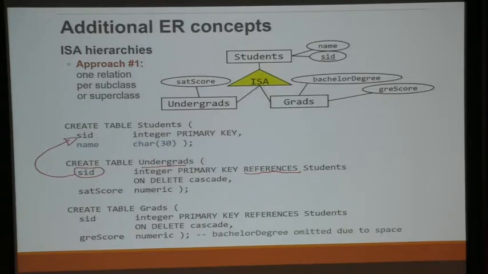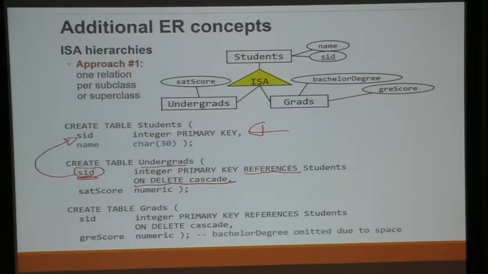And secondly, if the student is being kicked out, so if the student is removed here, you also need to remove the student ID over here. And that is guaranteed by the ON DELETE CASCADE. Okay? So exactly the same thing for the grads table, but because of a space constraint, I exclude the bachelor degree.